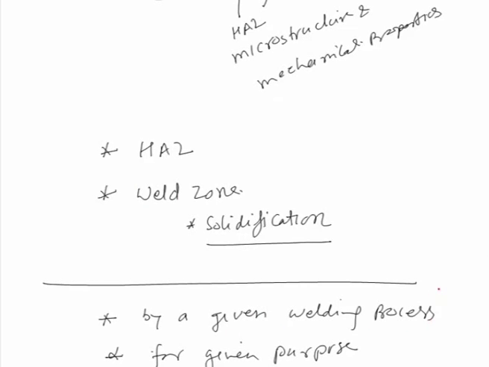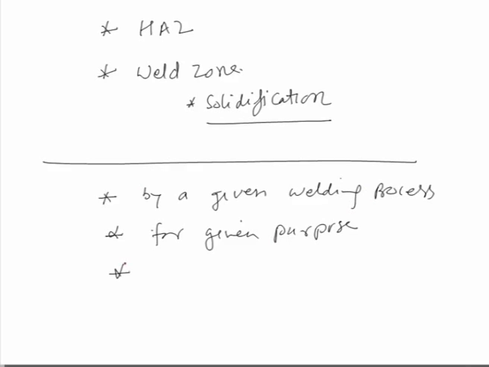So, continuing with this, as I have said, there are important points that significantly affect the weldability of the metal. These are the welding process which is being used and the purpose for which the weld joint is being used. And the third important point is the specific welding conditions under which it is to be performed, and these may be in the form of the particular restraint condition where welding is to be done, or the position in which welding is to be done.